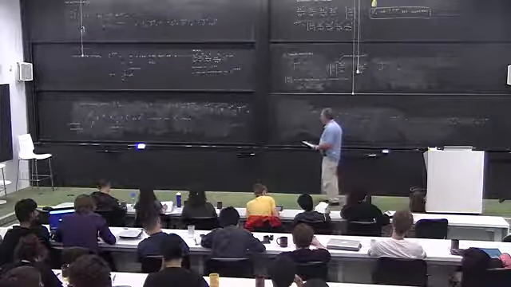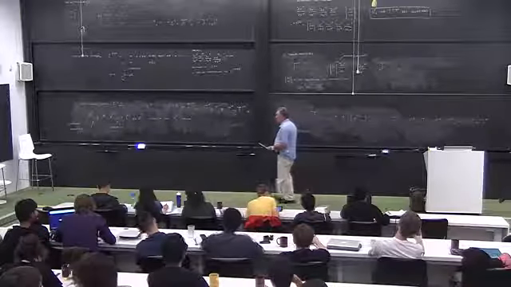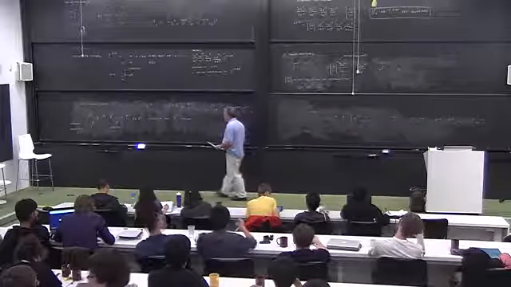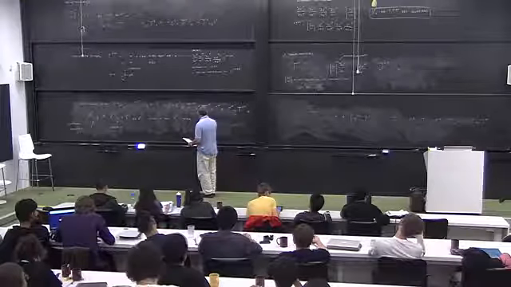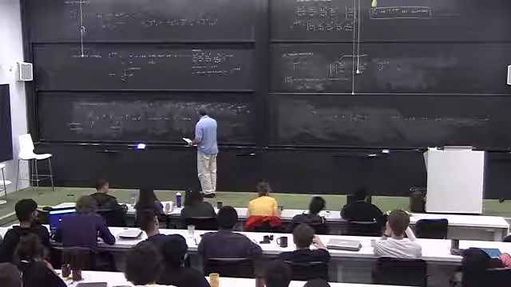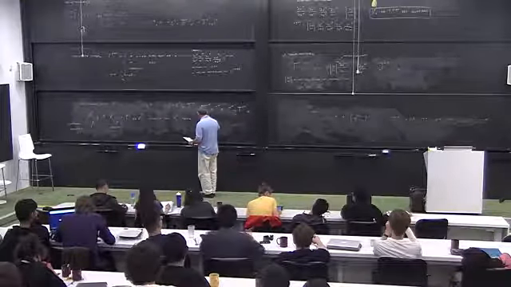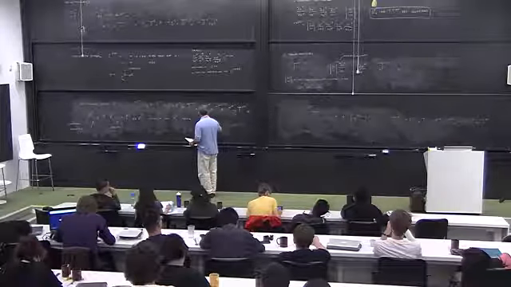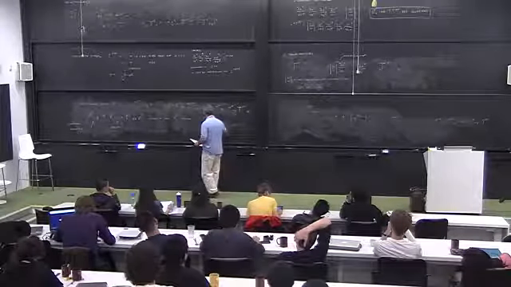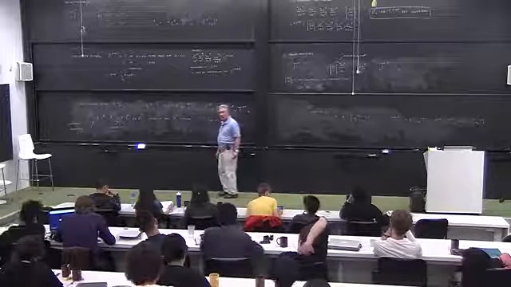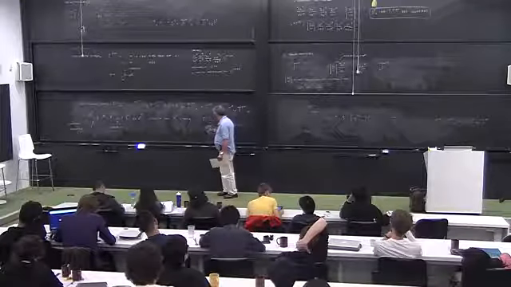Now, the covariant derivative is defined only on tensors. So Γ^ρ_μν comma σ is a well-defined object, but semicolon is not.